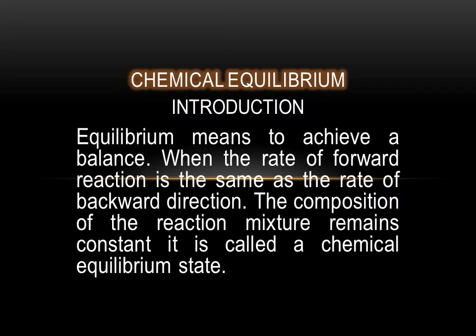In other words, the concentration of the reactants and products becomes time independent. Equilibrium means to achieve a balance. So when the rate of the forward reaction and the rate of the reverse reaction are equal, the composition of the reaction mixture remains constant. It is called chemical equilibrium.